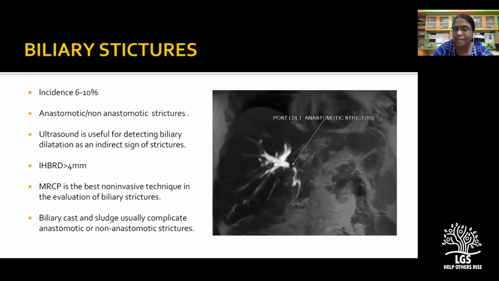Mainly it is because of ischemic injury. Some rare causes are chronic ductopenic rejection, where we can get a stricture of that type, and ABO incompatibility. And if the indication for the transplant is primary sclerosing cholangitis, we have to keep in mind the recurrence of primary sclerosing cholangitis.